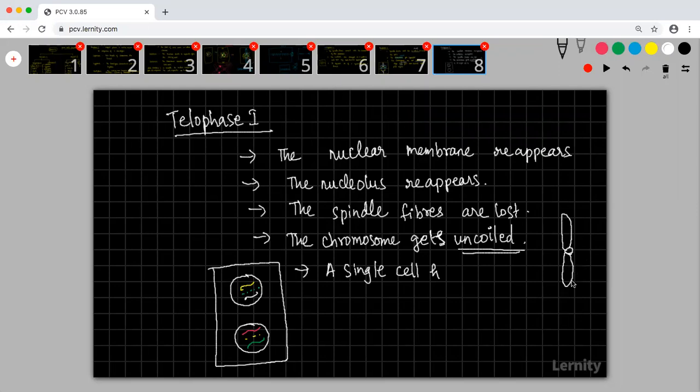So when it is loosening up, it is like opening the thread, unwrapping. A single cell has how many? It has two nuclei now. This is telophase 1.